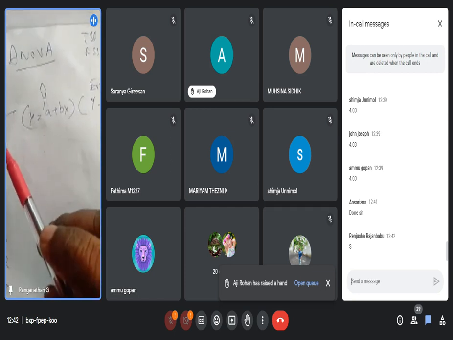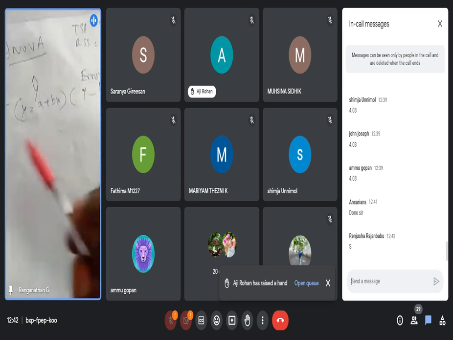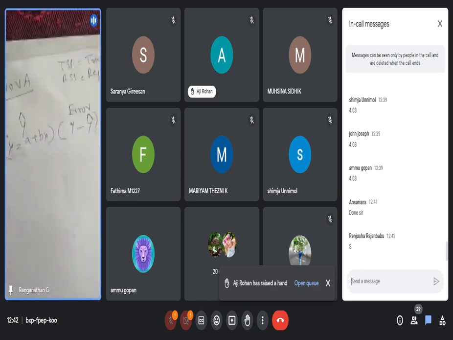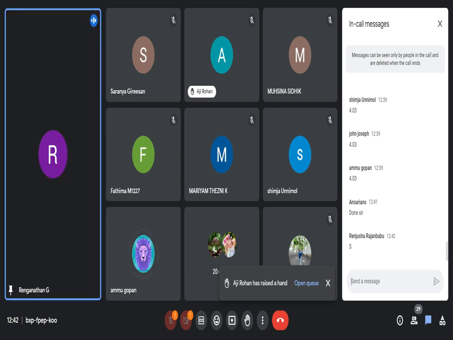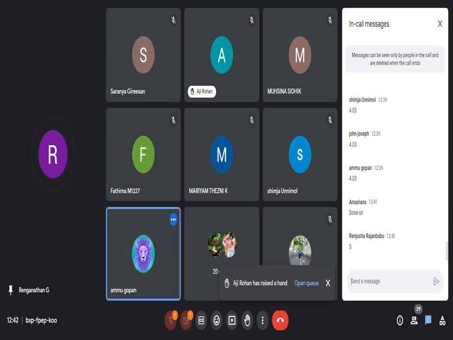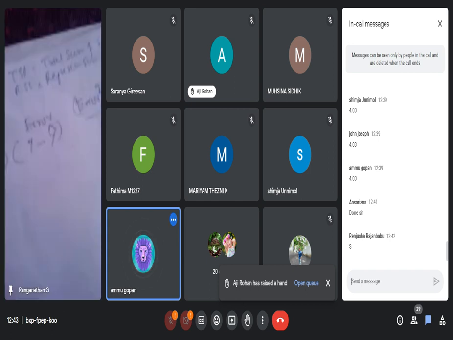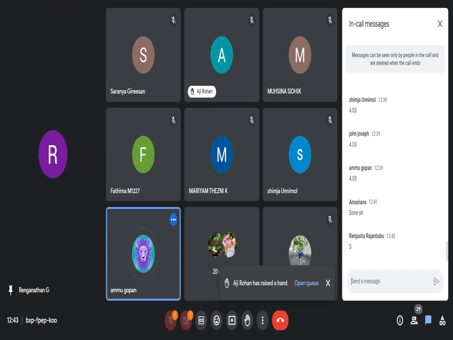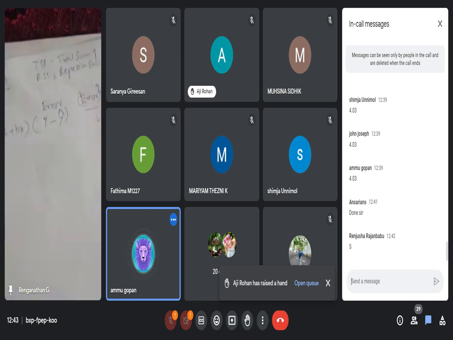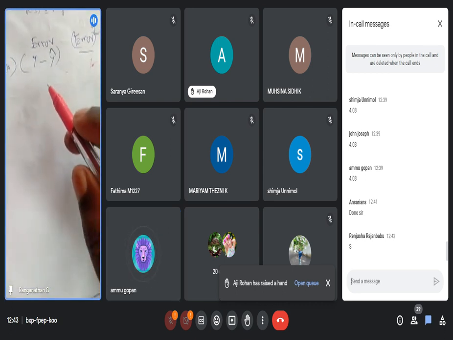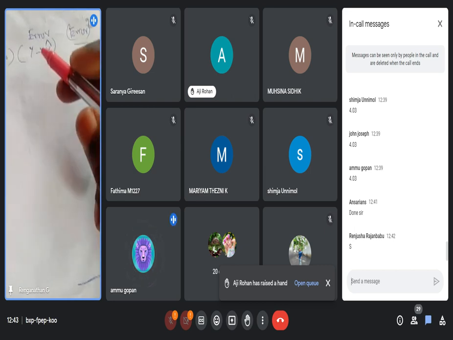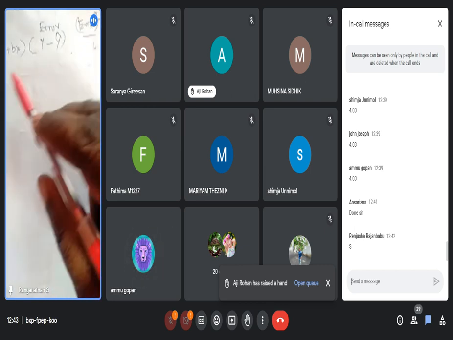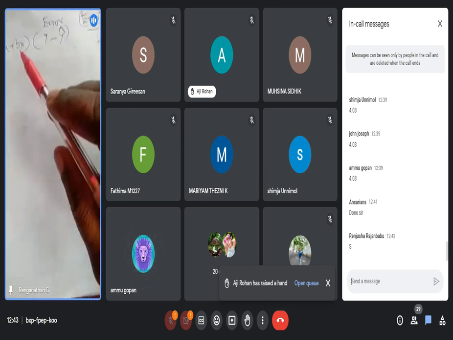In this way, you should take the difference between these two, y minus y cap. So the y minus y cap column should be constructed by taking the difference between y and y cap.